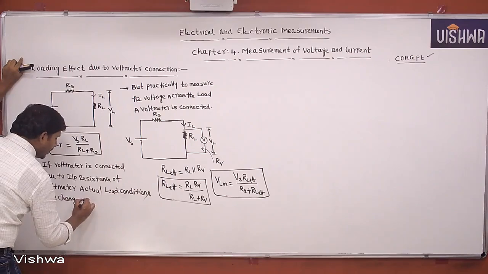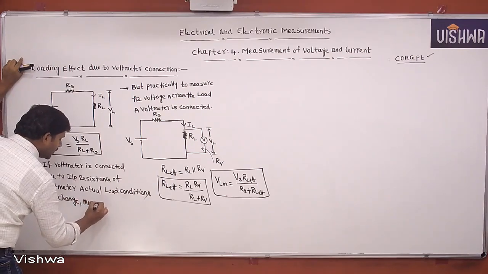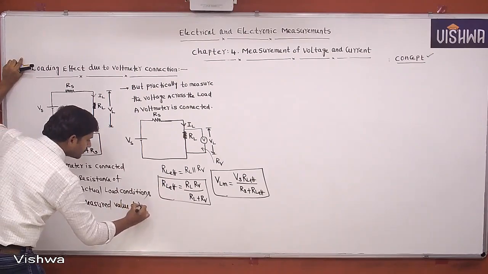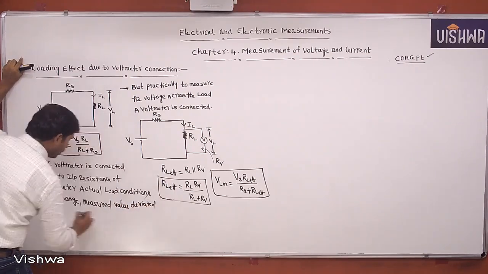Measured value deviated from the true value.